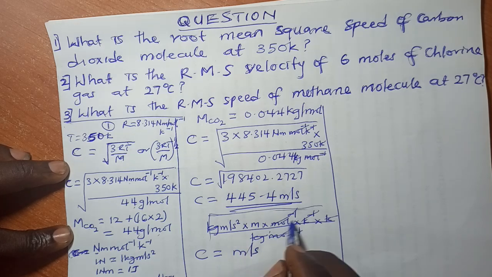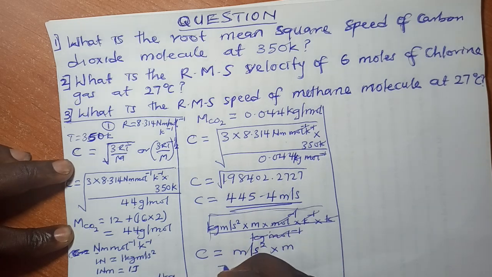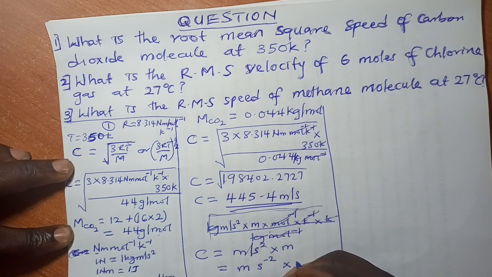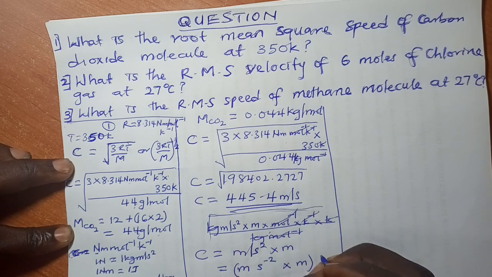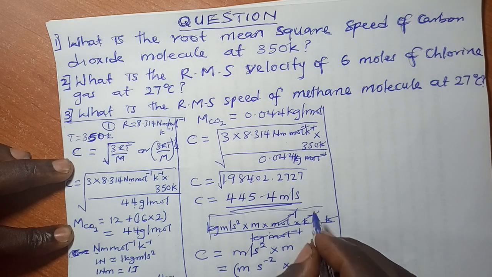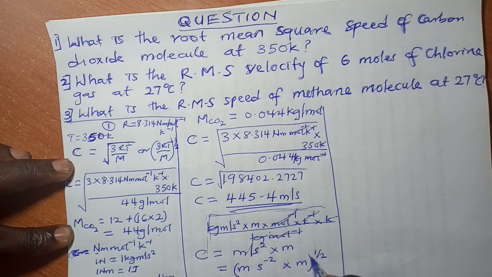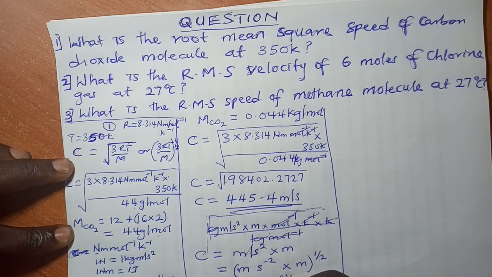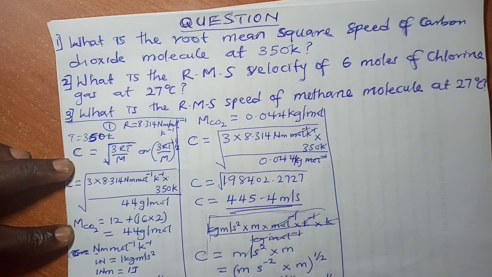Remember I have cancelled out similar units, giving me meter per second square times meter, all raised to the power of half. Because if I remove this square root, I'm putting everything raised to the power of half. That means this one is affected by half, this one is also affected by half as a power, and this one is also affected by half.